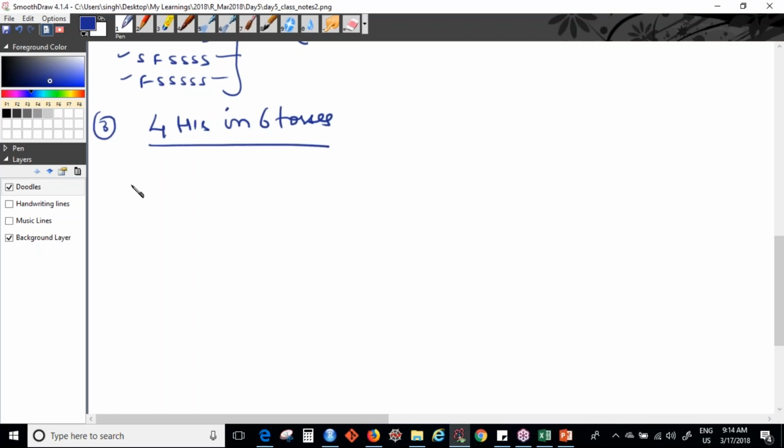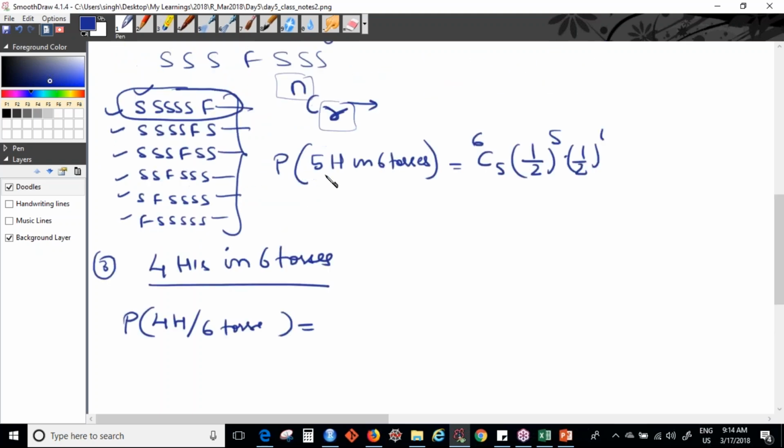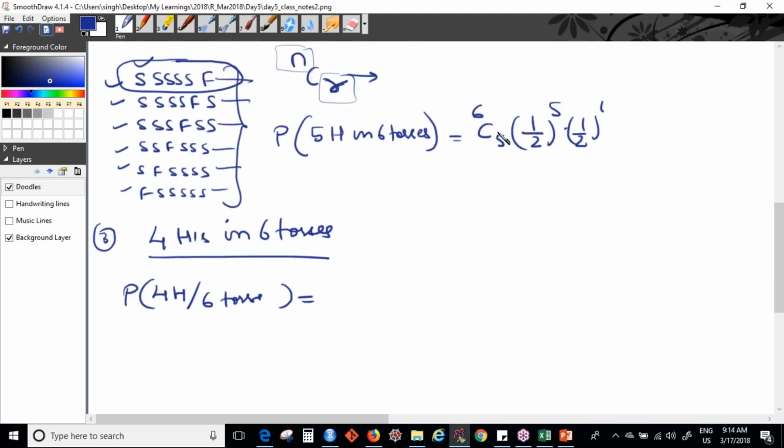So guys, can you tell me what is the probability of this? 4 heads in 6 tosses. So looking at the above answer on similar lines, can you tell me? So again, I will not go into further derivation here. Tell me in this form.